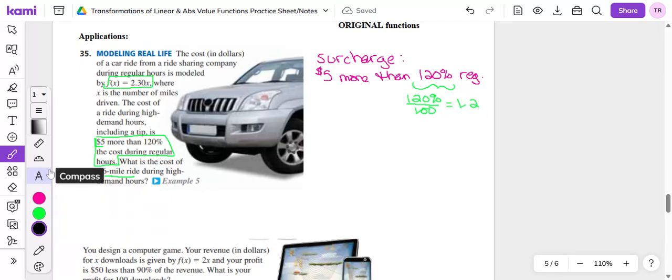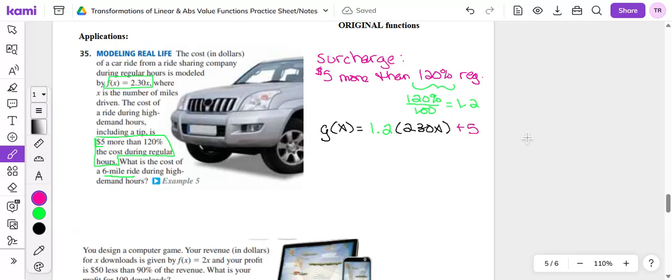So when I come up with this new function, well, percentages are multiplying. I'm going to take that 1.2 and multiply it to the original. So 1.2 of the 2.3x. And then the $5 more, we already said that was plus 5.